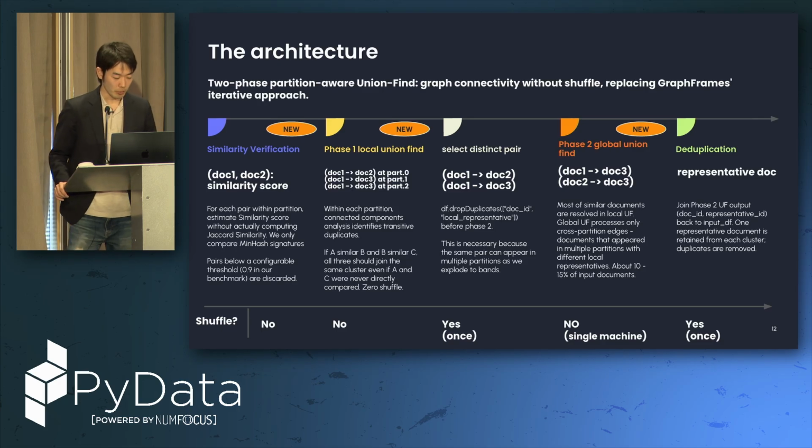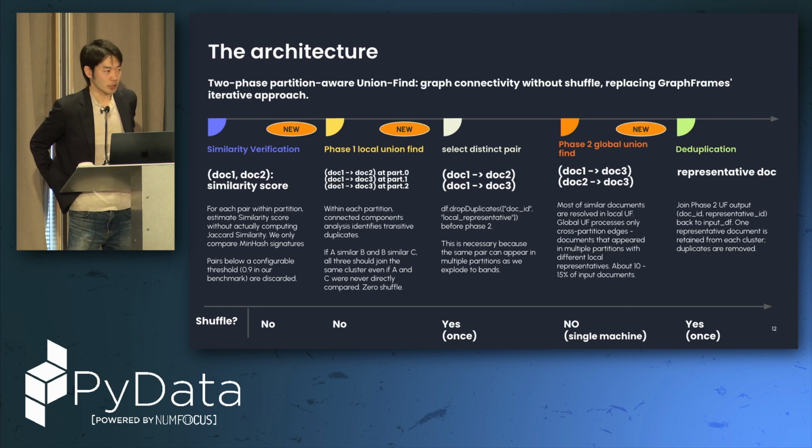We only need MinHash in this step. Also in this step, we can drop a candidate pair that is under the user-defined config threshold, for example, a 90% similarity score. There's no shuffle because it's happening within the partition.